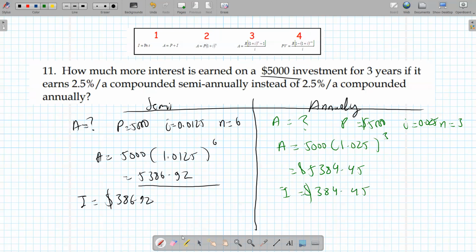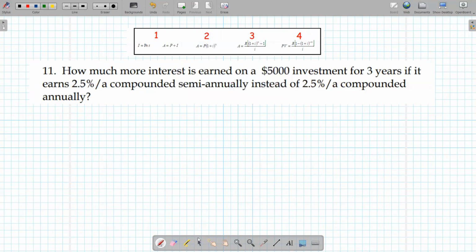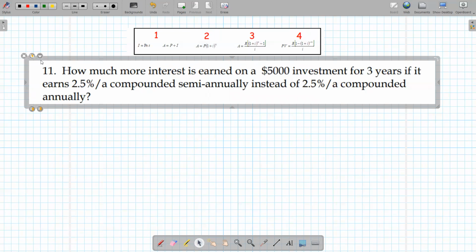Yeah, you subtract the 2, and even though it's not much, 1's still 1, right? 386.92 minus 384.45, and that gives us 32.47. Nope, that is completely wrong. What did I do? That should have been 2.47. Sorry. $2.47. Okay. Yeah, not a lot though. But still, you would choose this one if you can over the other one.